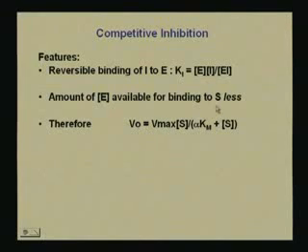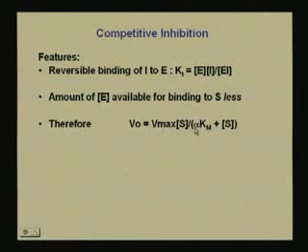What features do we have? The amount of enzyme available for binding to substrate is less. Why? Because the inhibitor has taken some of the enzyme. But effectively, the total enzyme is the same. What we have to now look at is the expression for V. How does that change?